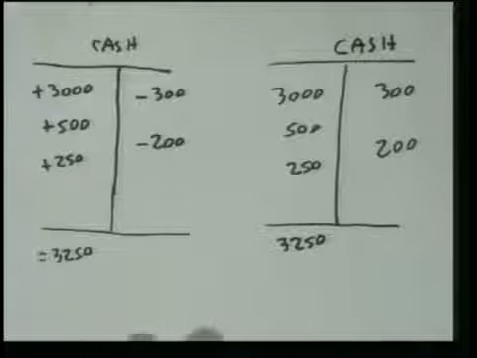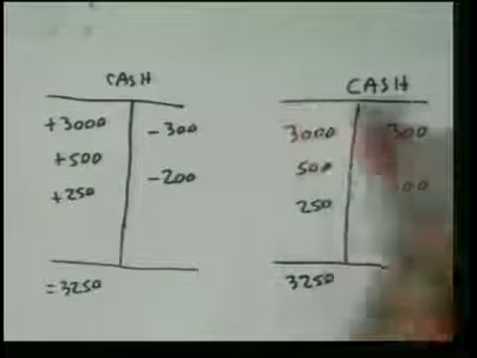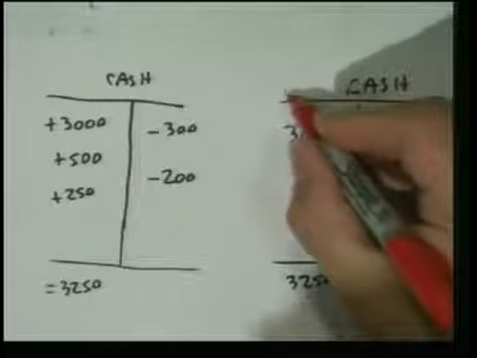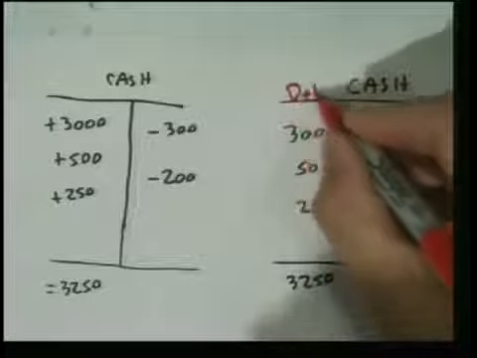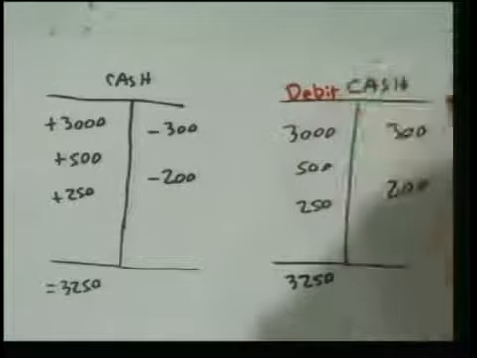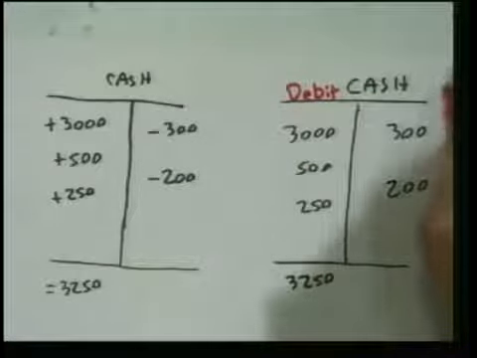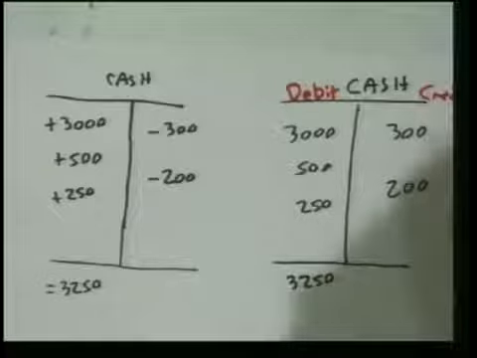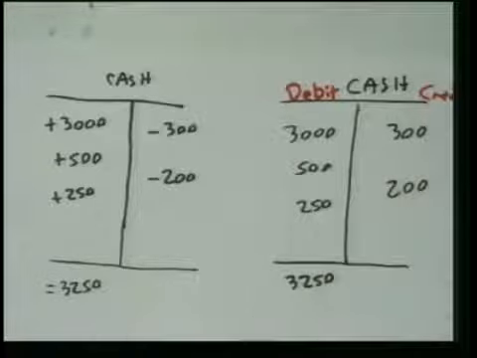Now, this is a T account because, again, this looks like a T. The left side of a T account is called the debit side, and the right side of a T account is called the credit side. Are you with me?